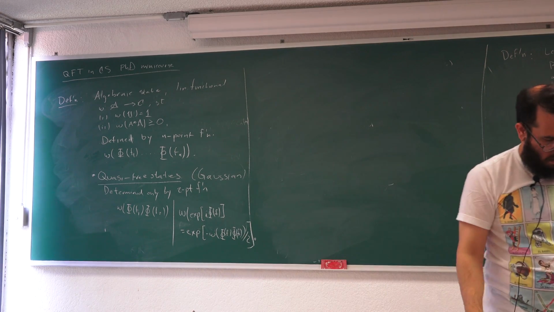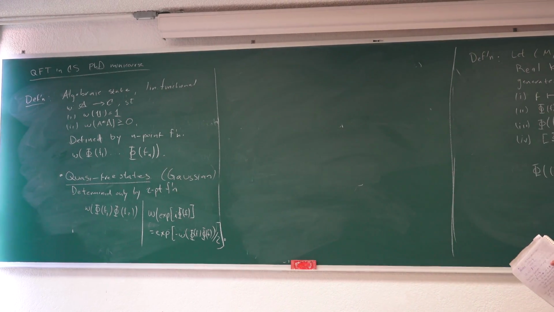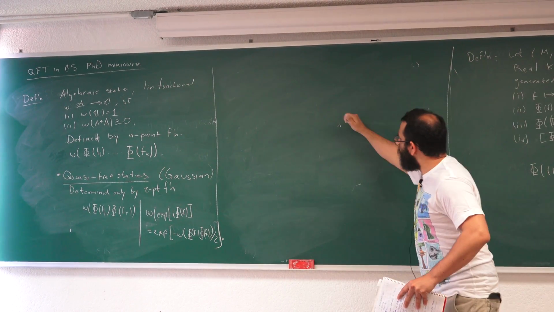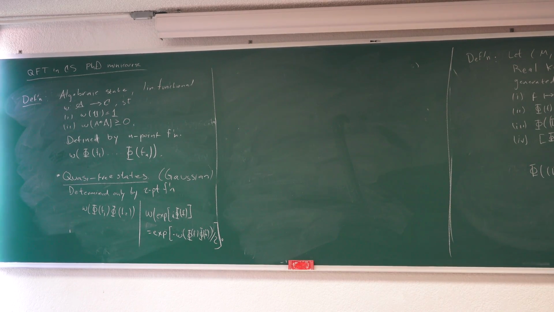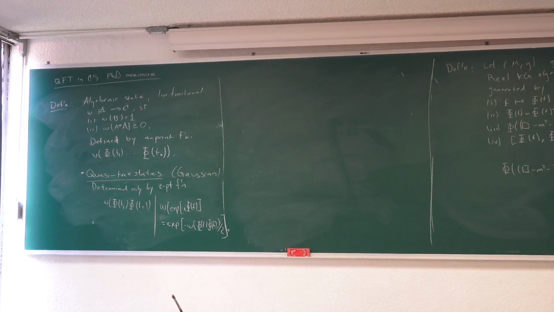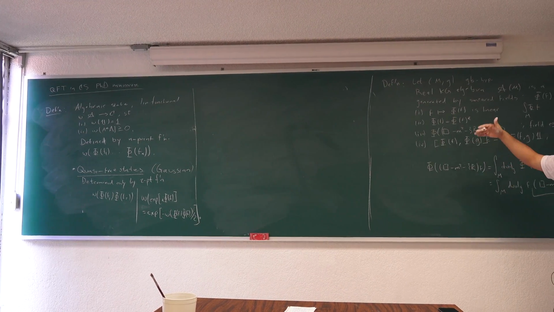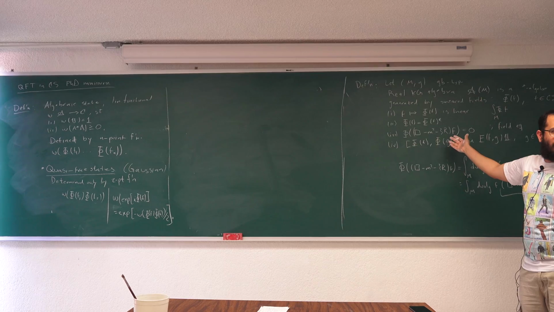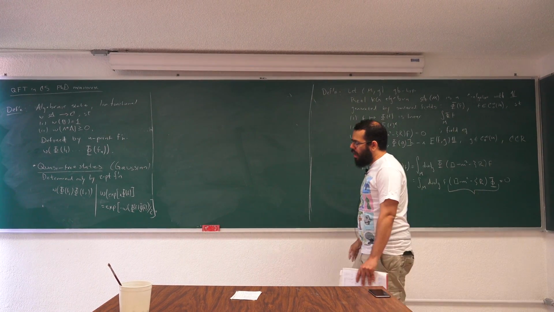Now, I'll tell you how to get back to the Hilbert space from this abstract setting. So what we have so far for quantum field theory is some algebra with some elements. The algebra is generated by smeared fields that we want to identify with quantum fields of the quantum field theory.